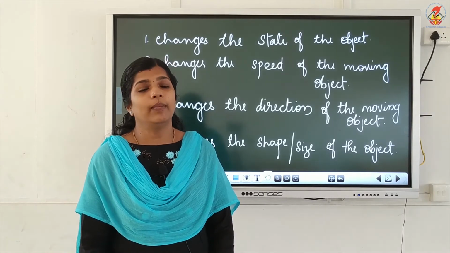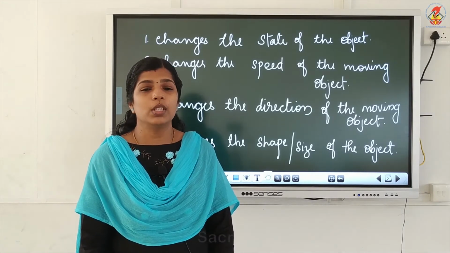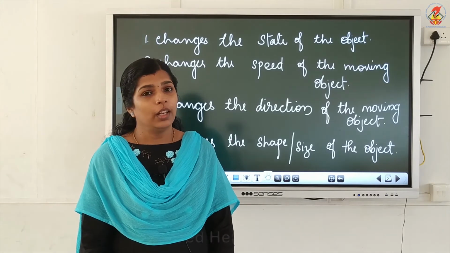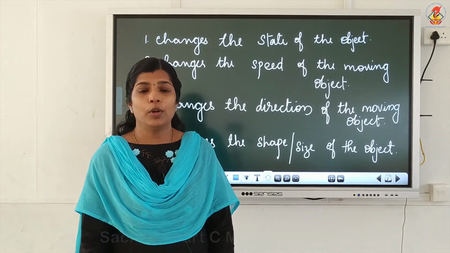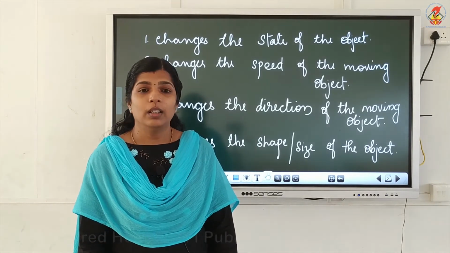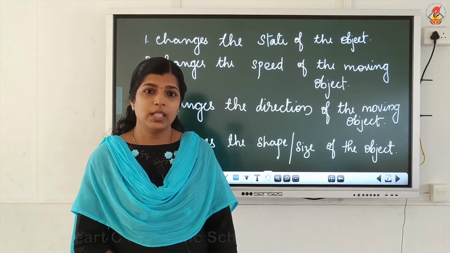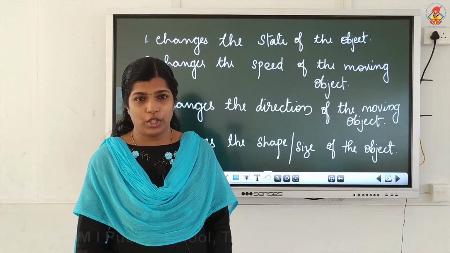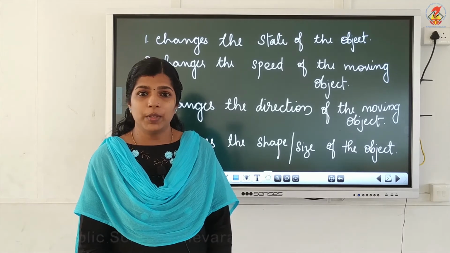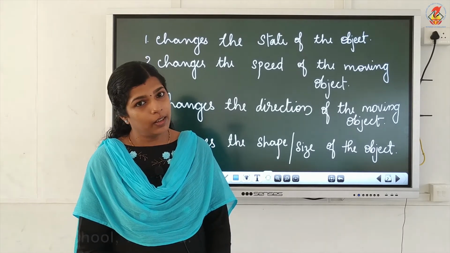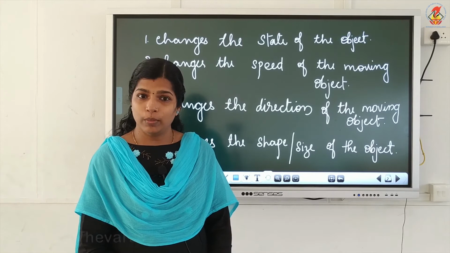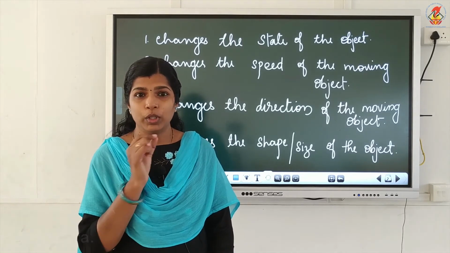Okay. When two equal and opposite forces are acting on an object, the net force will be 0. The object will not change its state of motion or position. Means if the object is at rest, it will be at rest. The object will not move. Then we added one more term there.